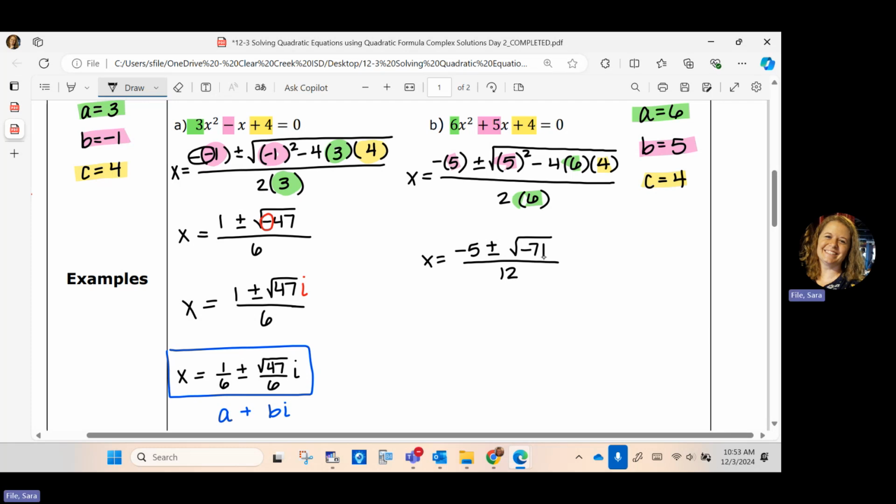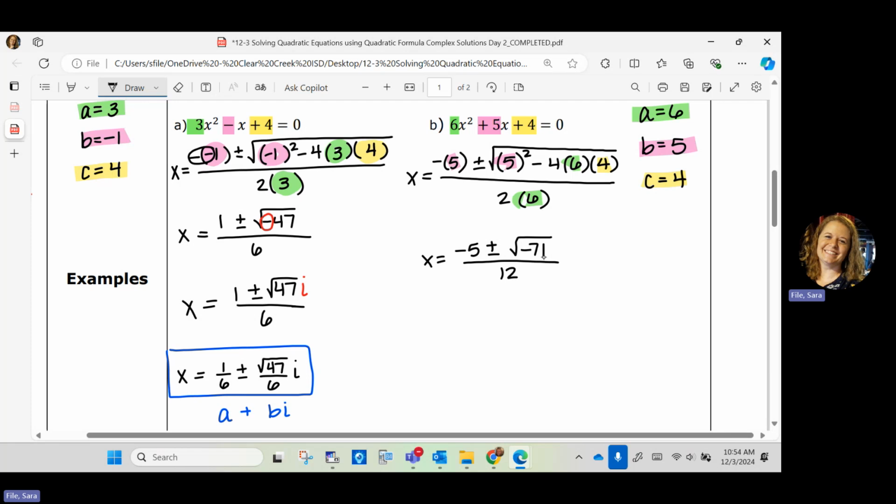Is 71 a prime number, or do I need to do a factor tree to simplify it? It's prime, okay? If you don't know that it's prime, you just play in Desmos, figure it out. 71 divided by 3, 71 divided by 4, 71 divided by 6, by 7, by 8, by 9. Figure out if anything divides out evenly.